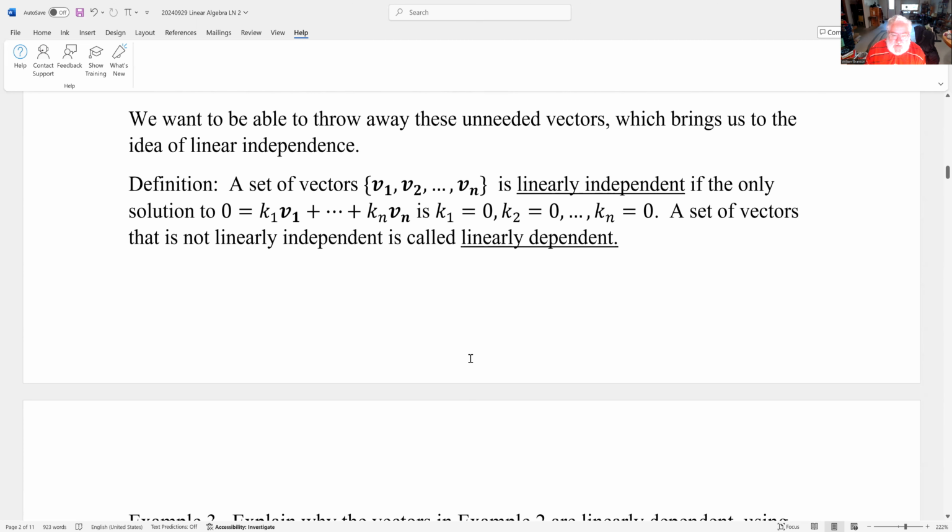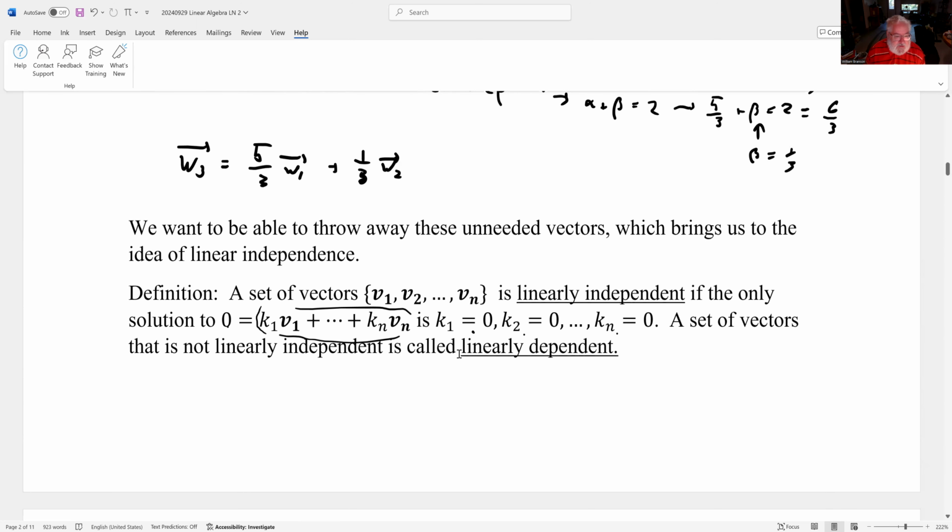A set of vectors is linearly independent if the only solution to a linear combination of these equal to 0 is each of k1, k2, through kn equal to 0. So these are linearly dependent, because what do we have here? We have minus 5/3 W1 minus 1/3 W2 plus W3 equals 0.